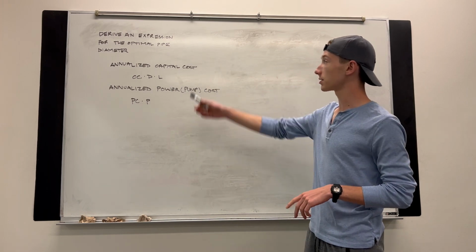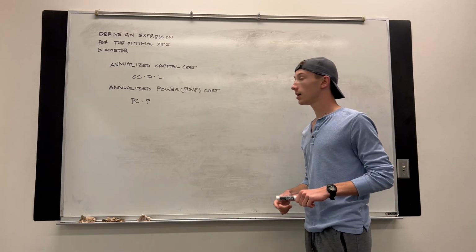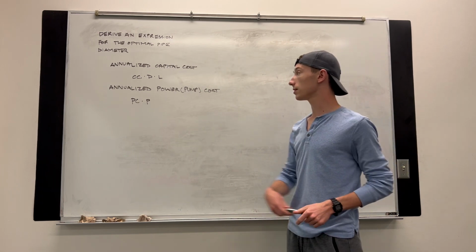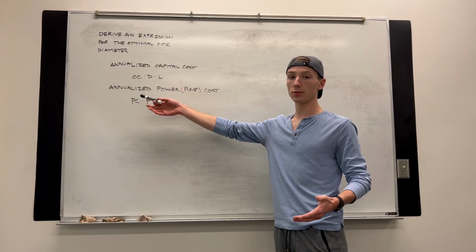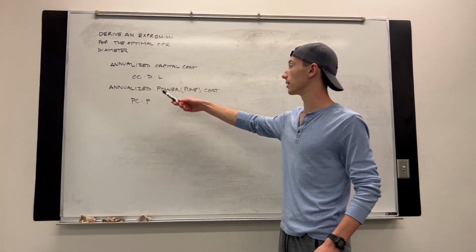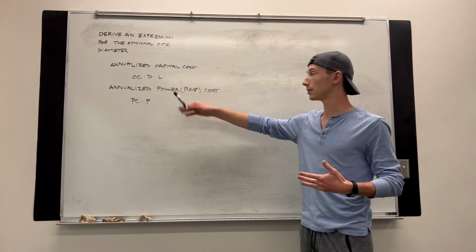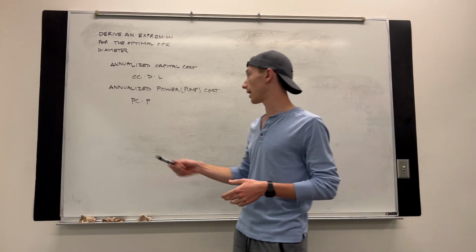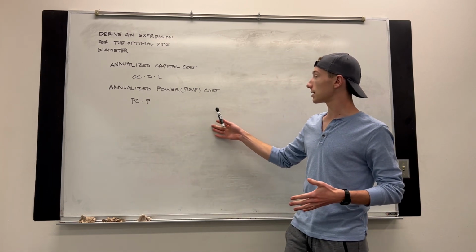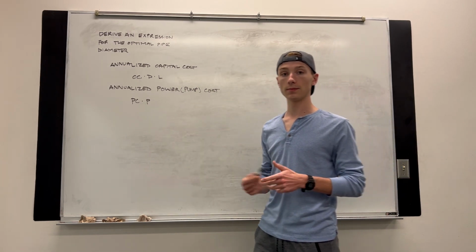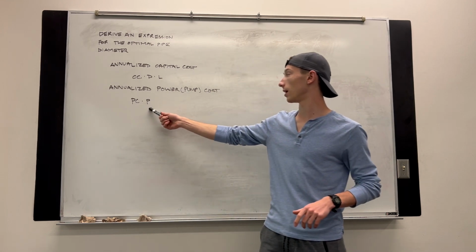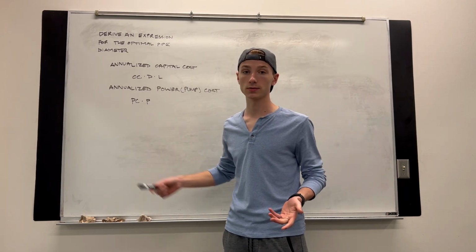So we want to derive an expression for the optimal pipe diameter when we have an annualized capital cost, some coefficient times the diameter of the pipe and length of the pipe. And then in addition to that, we have some annualized pump related power costs, right? So we have the power cost rate times the amount of power we use.